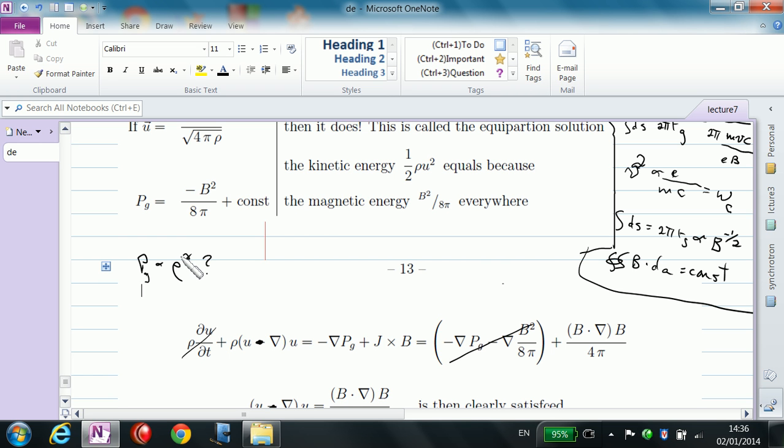If you're following one fluid element moving along the field lines, B is going to change, and in general, P will change, and rho will change.